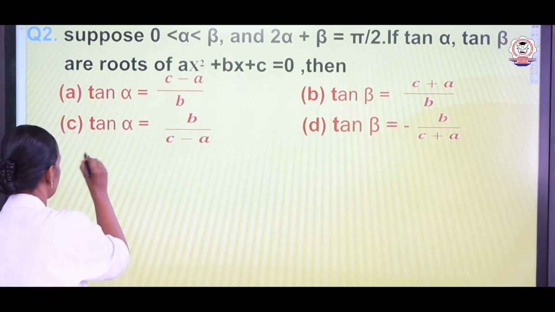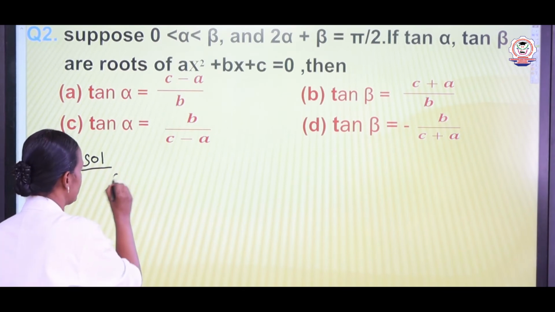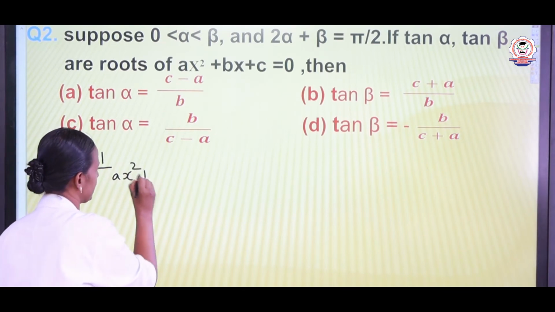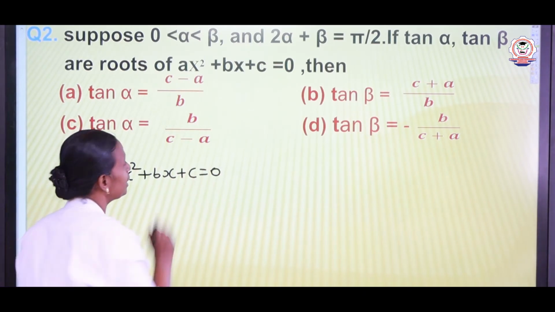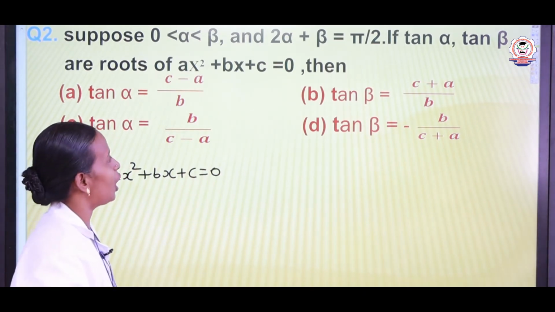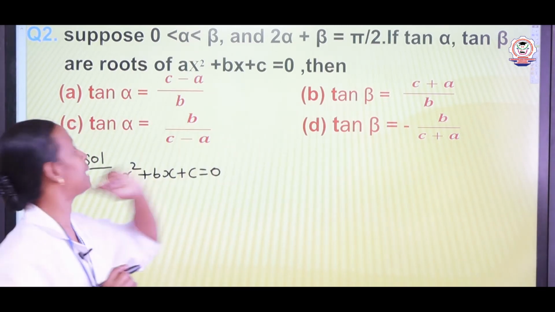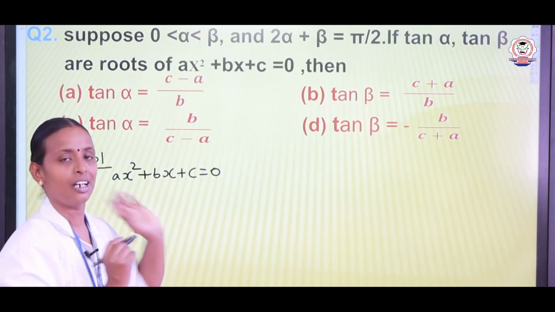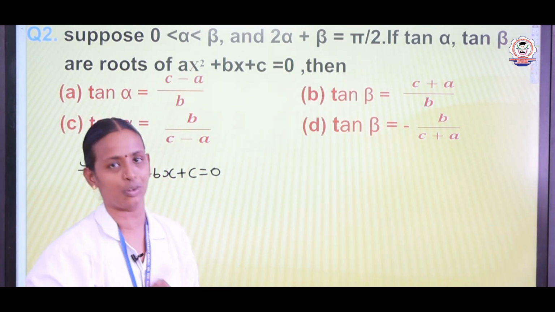Now, what is given? Given equation is ax square plus bx plus c equal to 0. This is our given quadratic equation. Also given 2 alpha plus beta equal to pi by 2. Tan alpha and tan beta are the roots of the equation. We know sum of the roots equal to minus b by a and product of the roots equal to c by a.